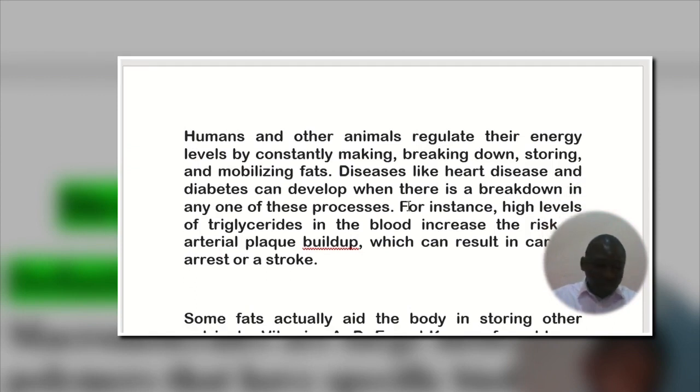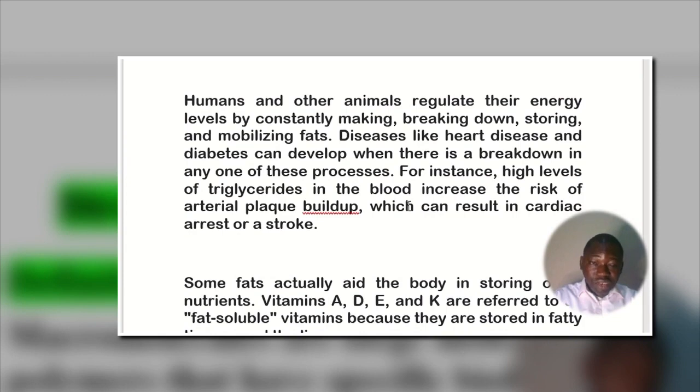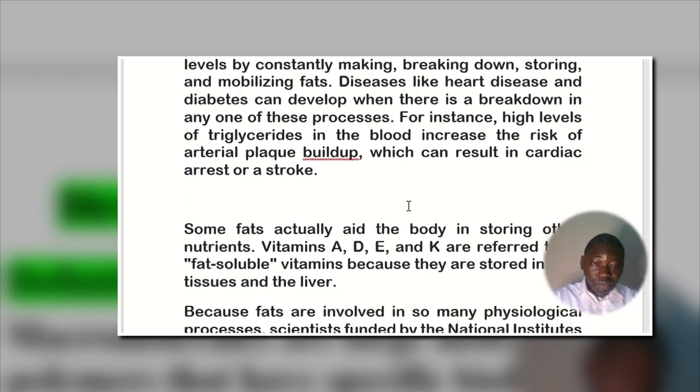Diseases like heart attack, heart disease, and diabetes can develop when there is a breakdown in any of these processes. For instance, high levels of triglycerides in the blood increases the risk of arterial plaque buildup, which can result in cardiac arrest or a stroke.